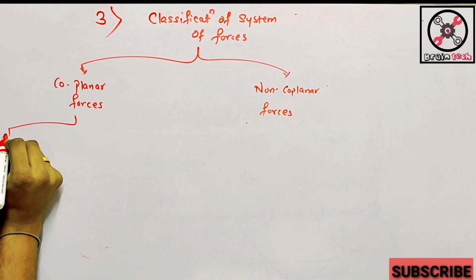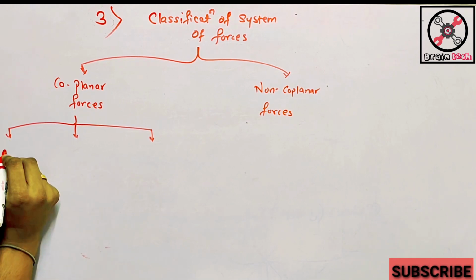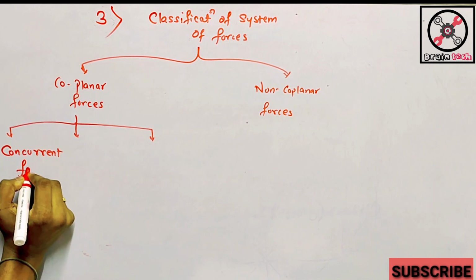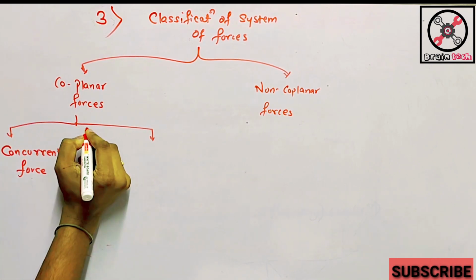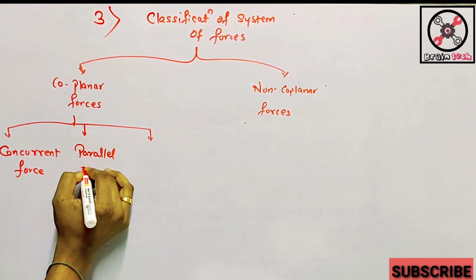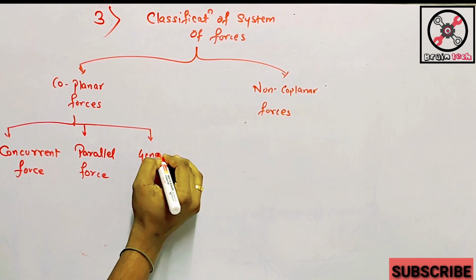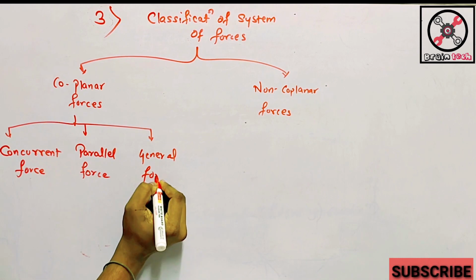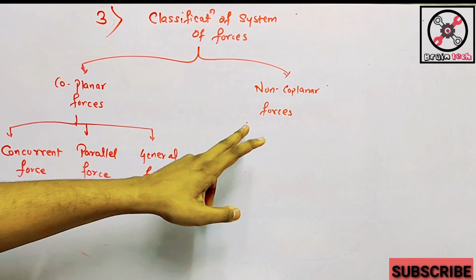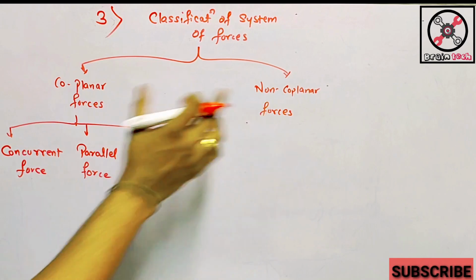Coplanar forces is further divided into three parts, that is concurrent force, parallel force, and the last is general system of force. Non-coplanar forces are not further divided into any part. Now we'll understand each and every term.